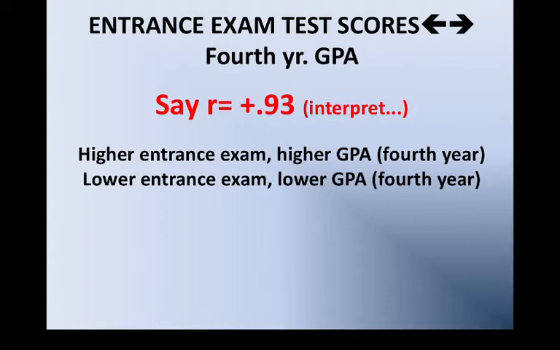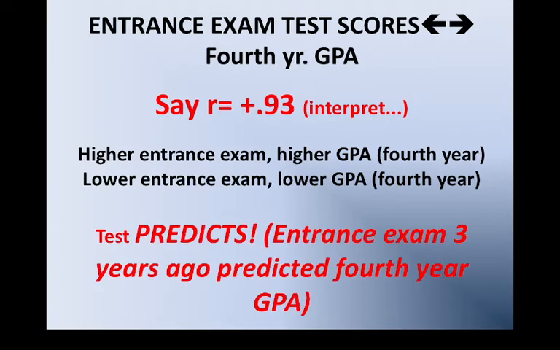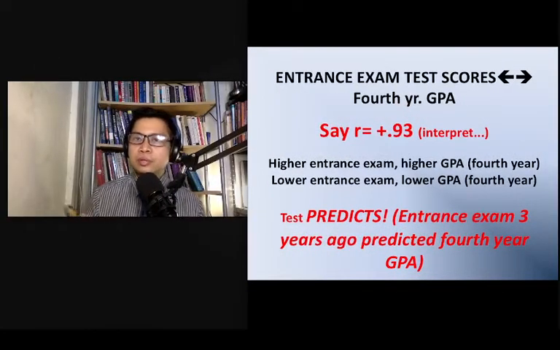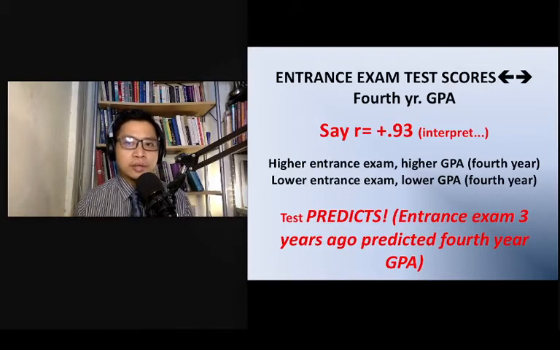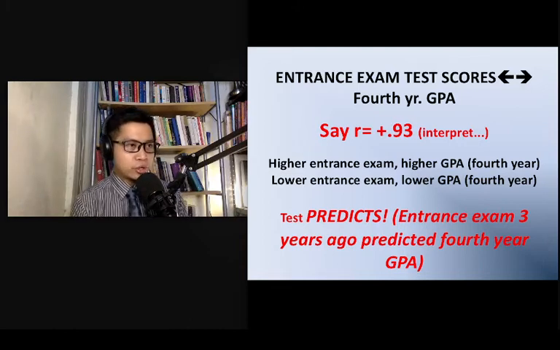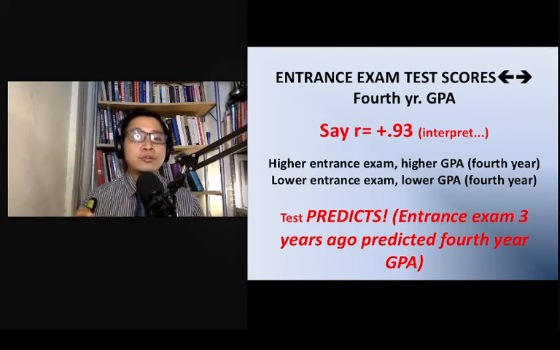To make the long story short, if your test is performing like this, ibig sabihin yan, merong abilidad yung test mo to predict who will be the good students and who will be the not so good students. Their entrance exam 3 years ago predicted their GPA when they were already in their fourth year.